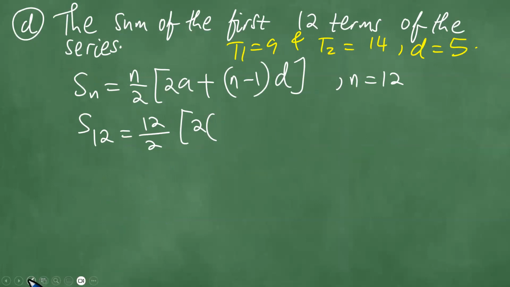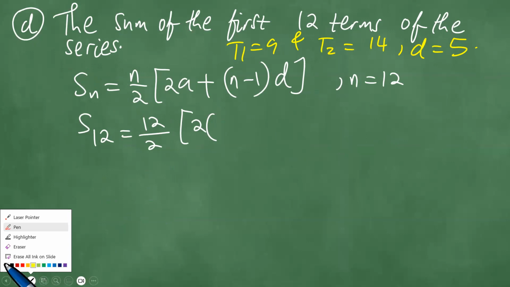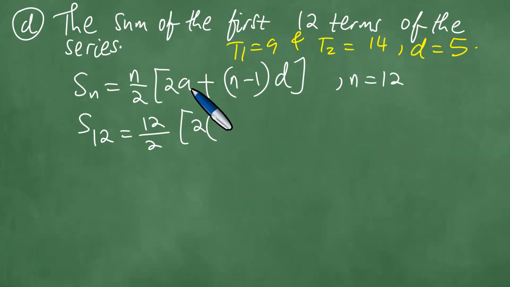Which means, what is the first term? We can use a couple of notations for the first term: a or T sub 1. So a is 9.